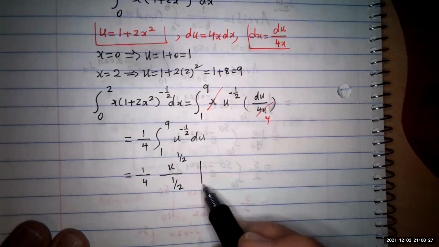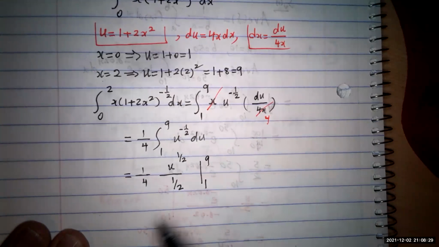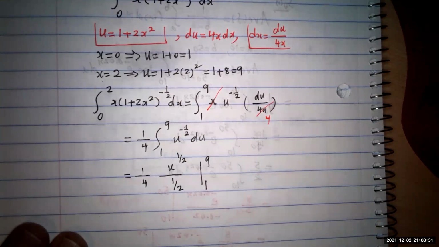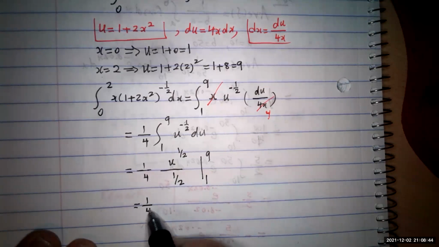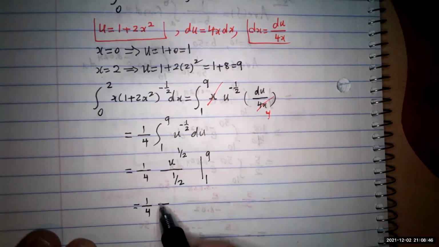So it's going to be from 1 to 9. Any question? So we have to simplify it first, then substitute. It's divided by 1 half, so you flip the 1 half. So that gives you a quarter times 2 over 1.